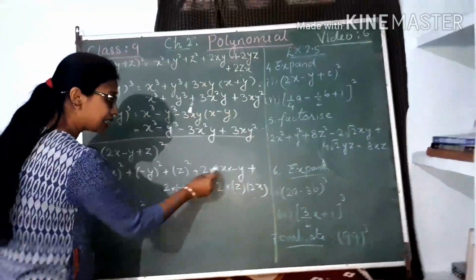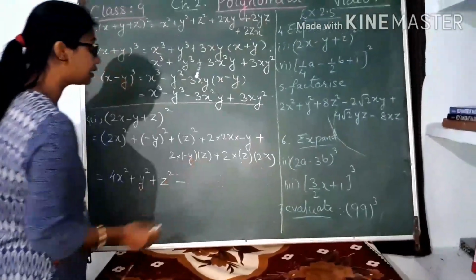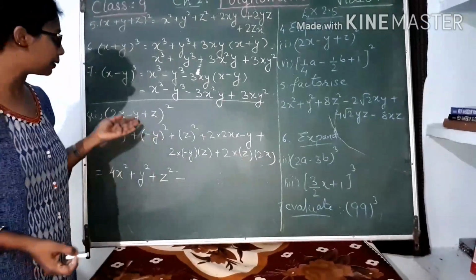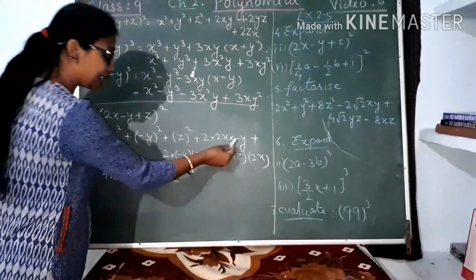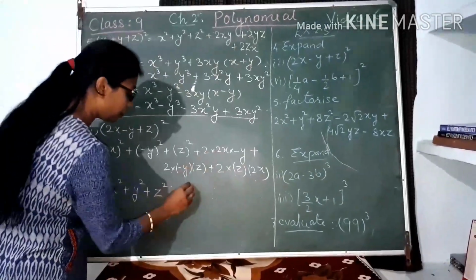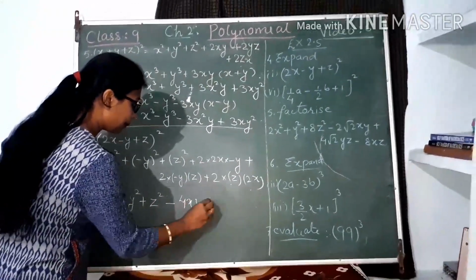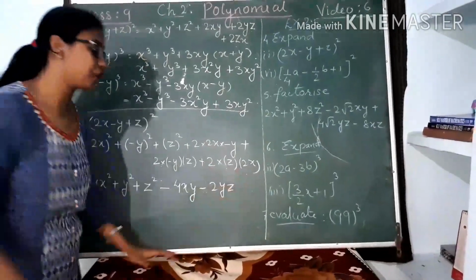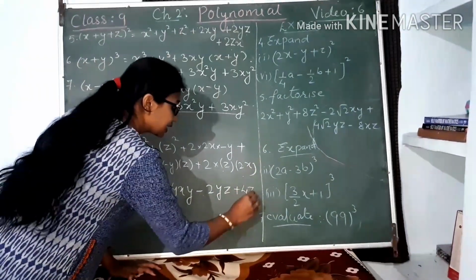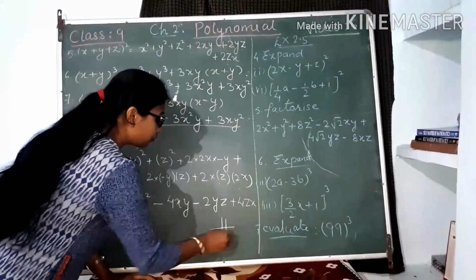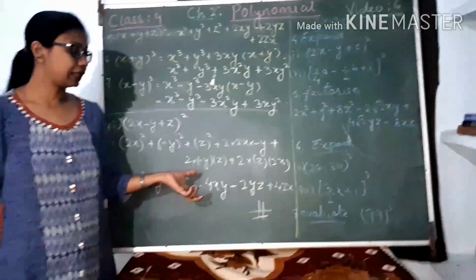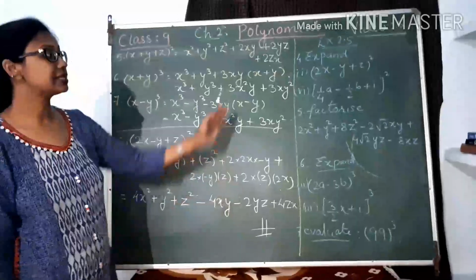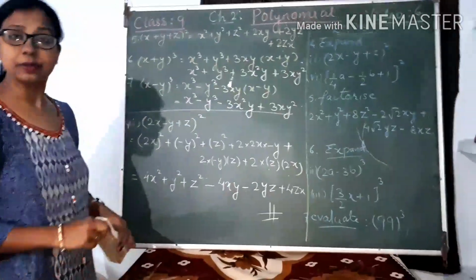Now the terms consisting of y will always be negative because y is negative: minus 4xy minus 2yz. Now this is 2 into 2, 4zx. So you cannot solve further. This is your expansion for question number 4. Let us do its sixth part also.